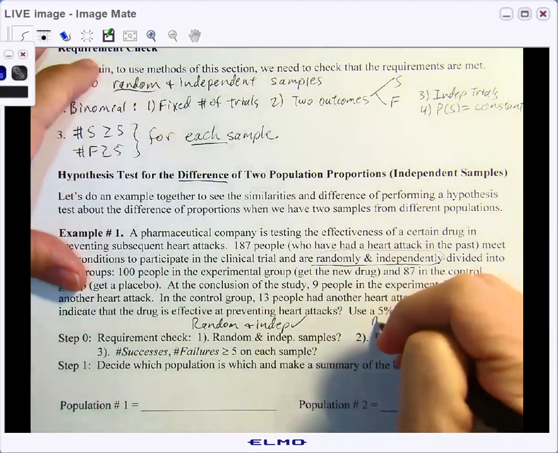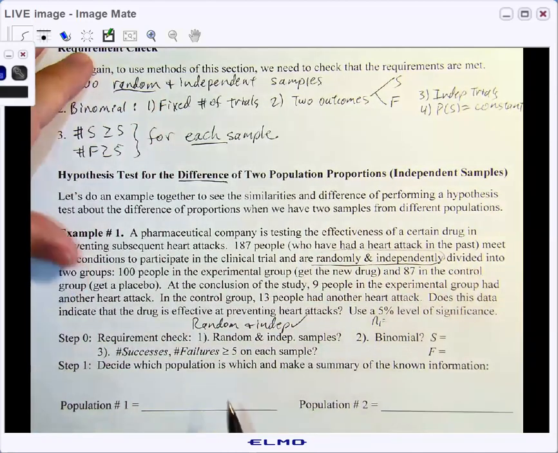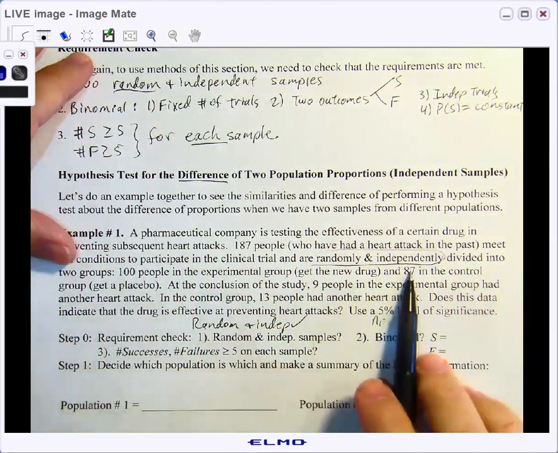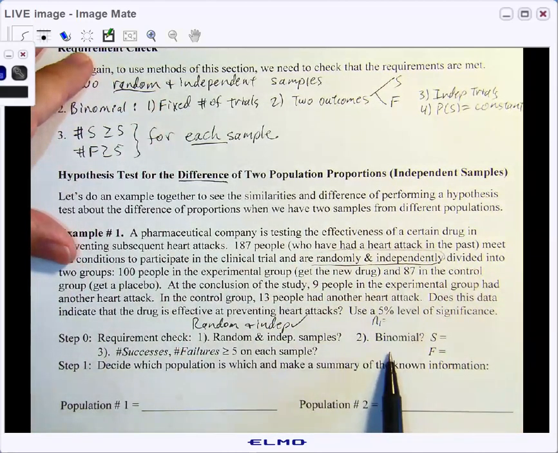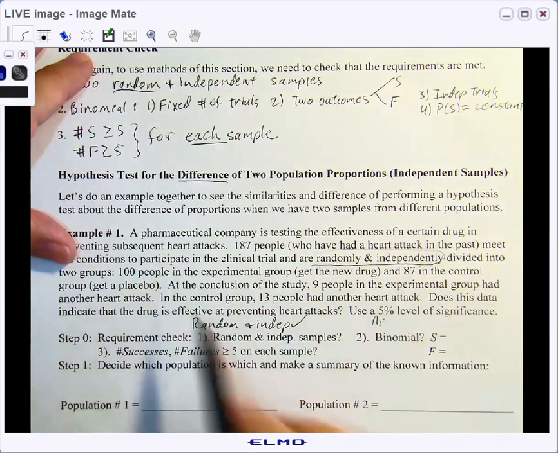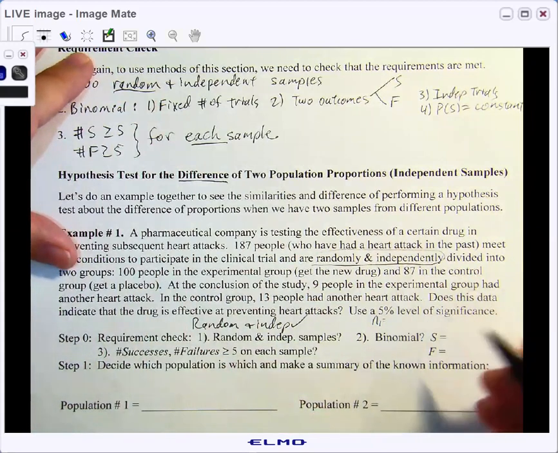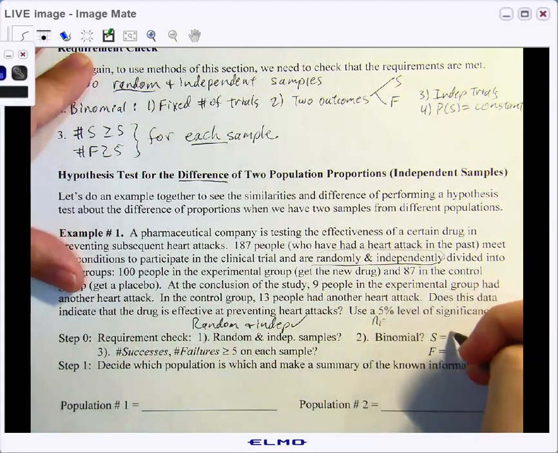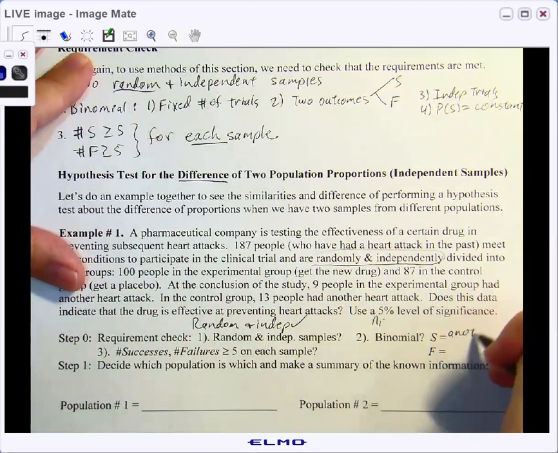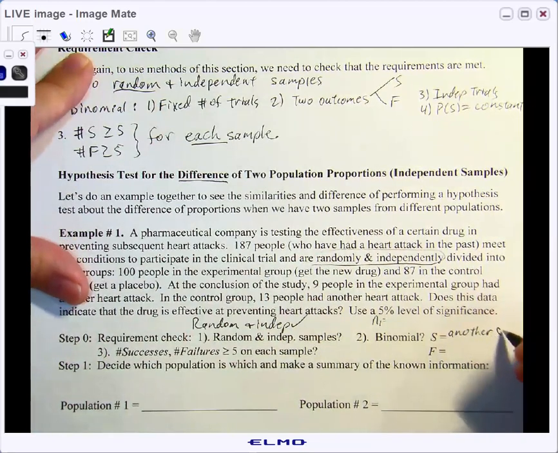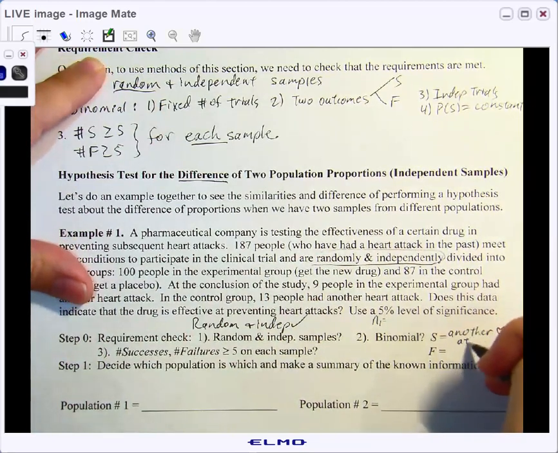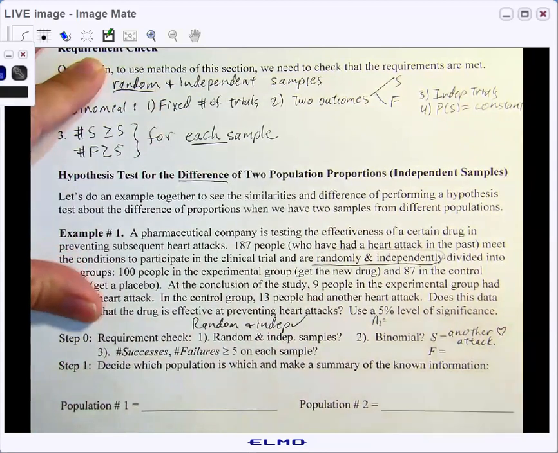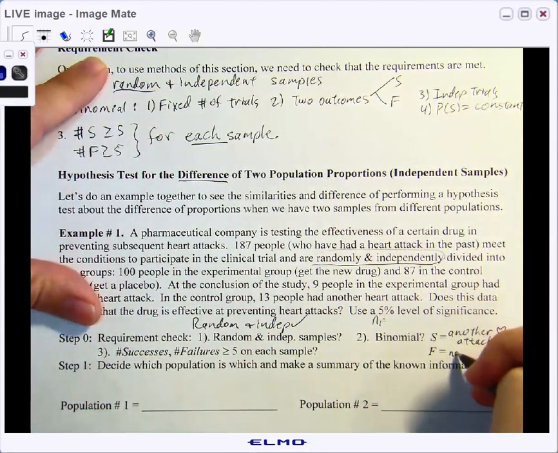In the first group, we had 100, and in the second group, we had 87. Okay, so we had a fixed number of trials. Do we have two outcomes? Well, I know it's not nice or happy, but we're going to call success another heart attack. And failure would be not another heart attack.